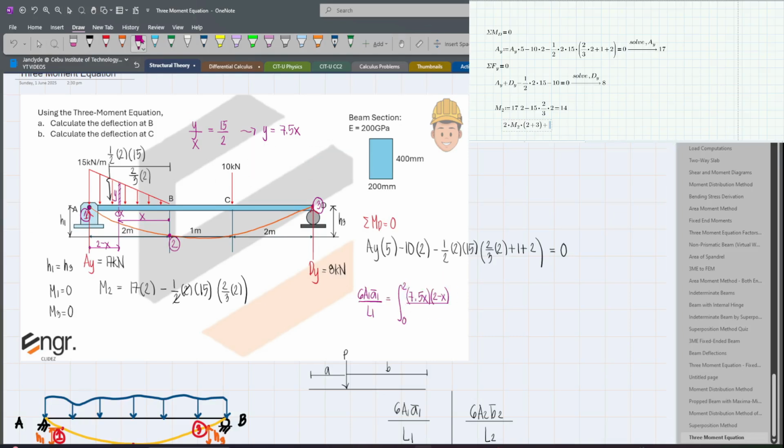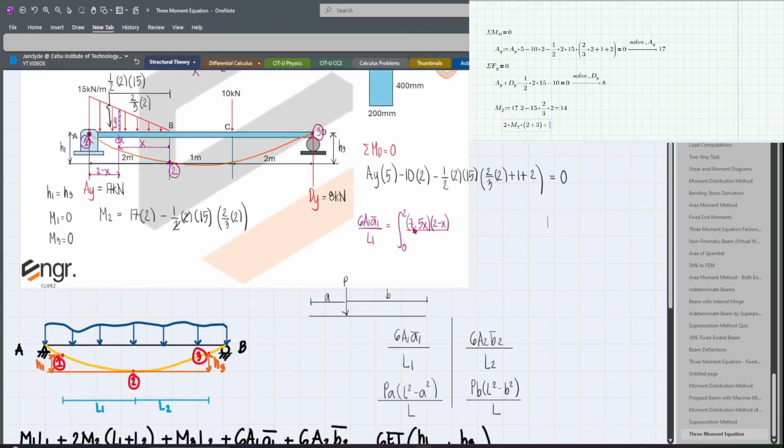Dito na lang. So P times A, then L squared minus A squared. The length of this span from 1 to 2 is equal to 2. So 2 squared minus A, which is 2 minus x, then squared. Then we have to divide this by L, which is 2 meters.